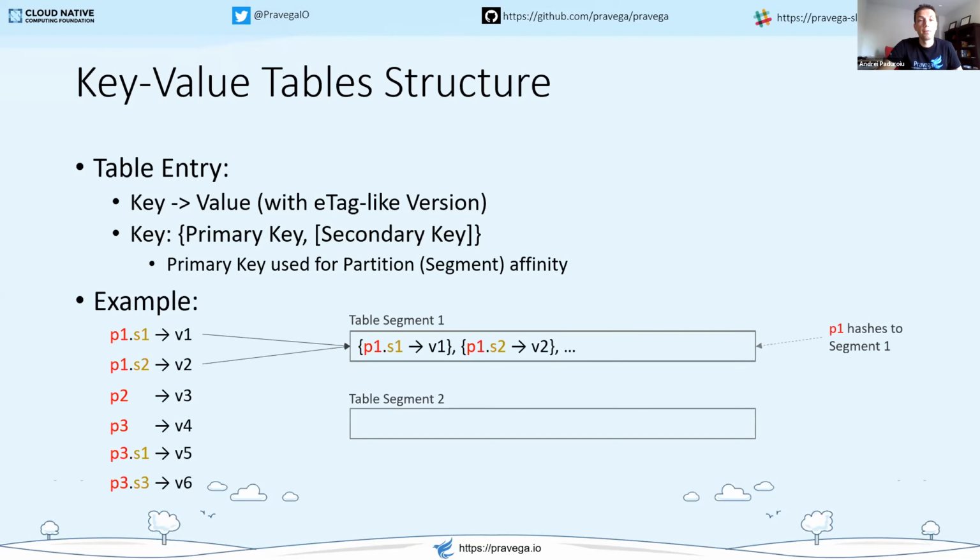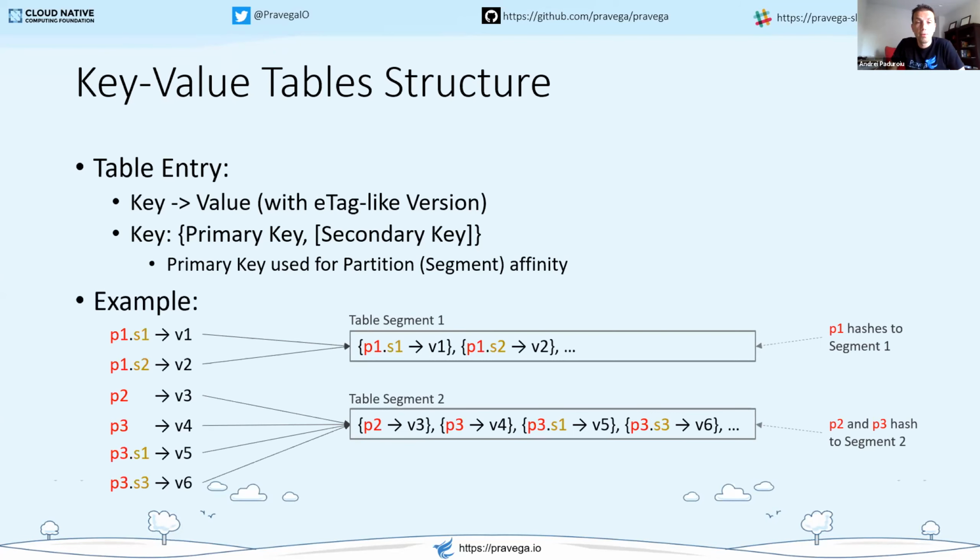Now, if P1 hashes to segment 1, pretty much they're going to be mapped to table segment 1. And if P2 and P3 map to table segment 2, then those other 4 entries will actually be mapped to that segment, and they're going to be recorded in there. So table segment 2 will be the one responsible for all operations for those.